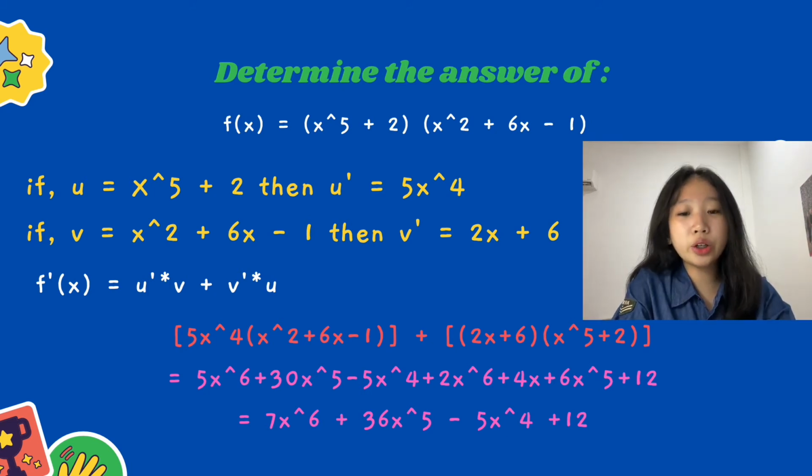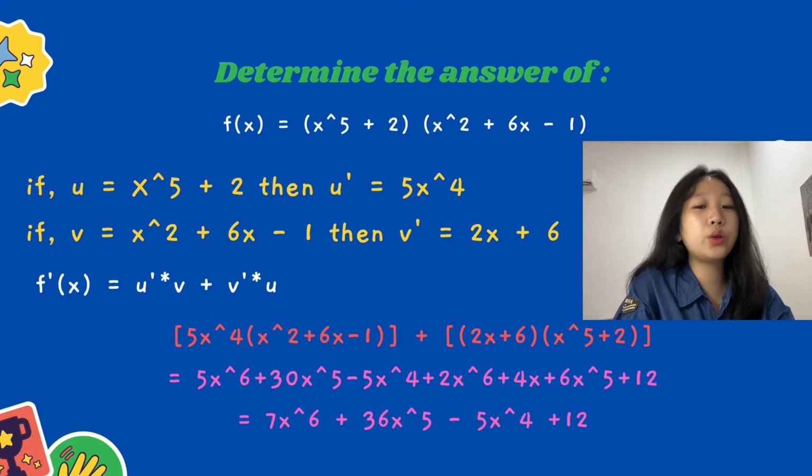So to continue the solution, we're going to use f'(x) equals u accent times v plus v accent times u.